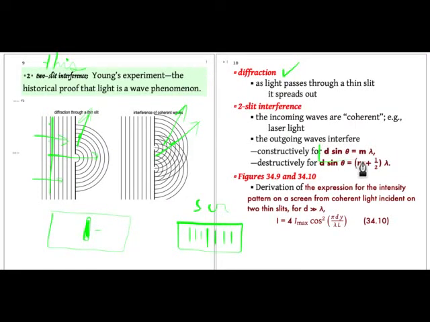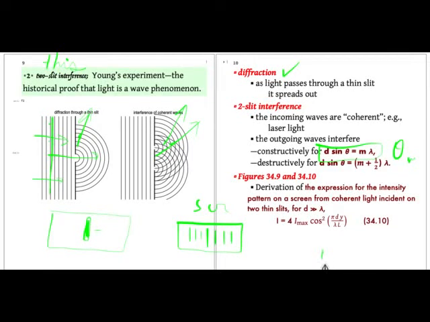Now in the book you'll find the equation for constructive interference. D sine theta is m lambda. So that's theta. It depends on m. M is an integer.